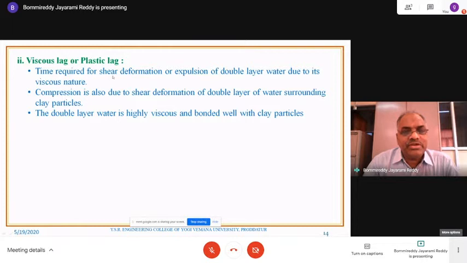So compression of the soil is because of the shear deformation. Here the double layer of water is highly viscous and bonded well with the clay particles, and the time required for plastic lag will be more compared to the hydrodynamic lag.